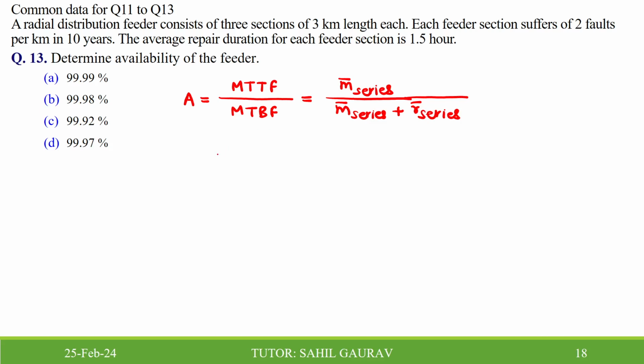So m bar series, how can we find it? We have found the failure rate, so from there we can get the mean failure duration. So 1 divided by lambda series is 1 divided by 1.8 years per fault.